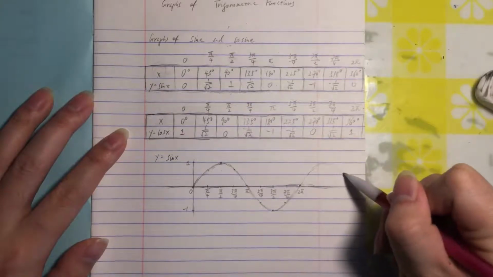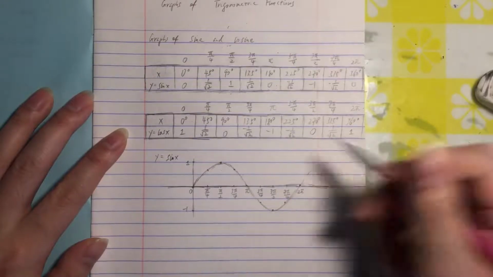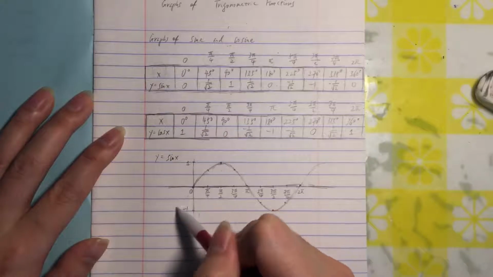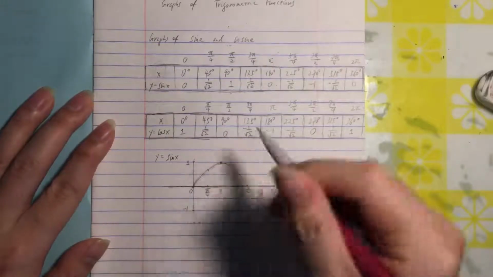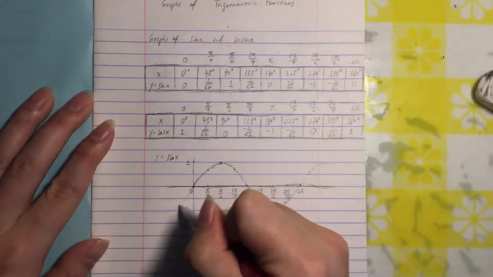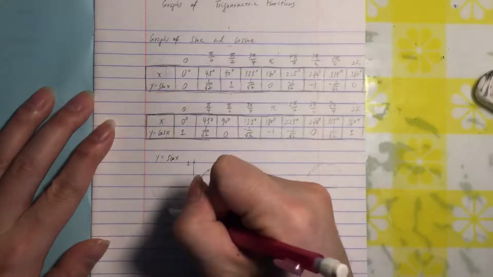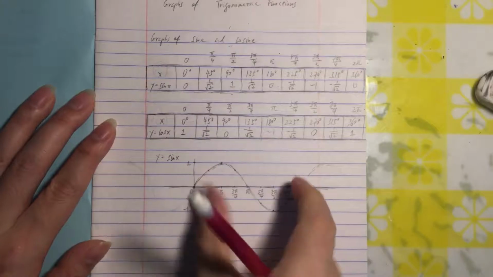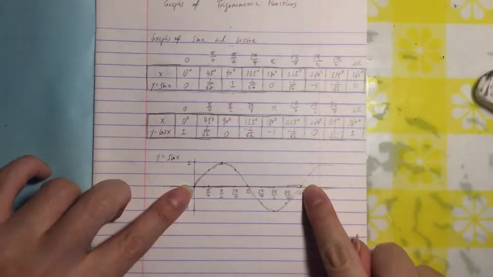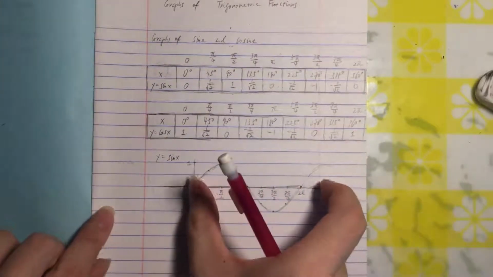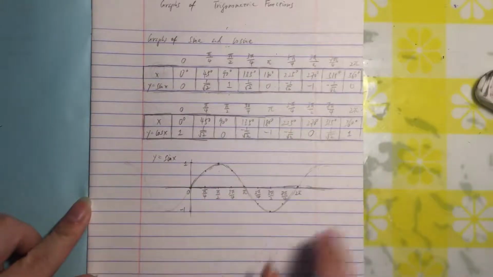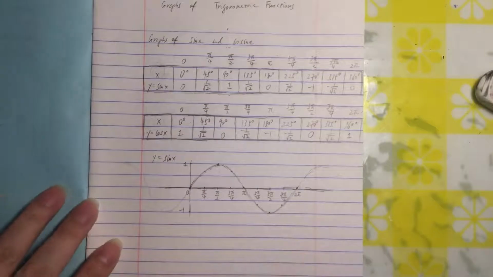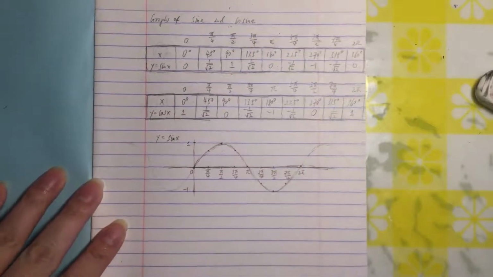And before 0, the graph looks exactly the same. So this is the sine function.